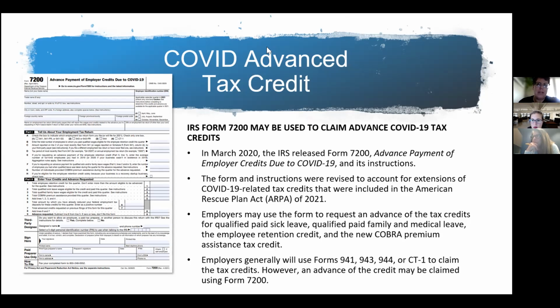They knew they were going to get the employee retention credit, maybe the new COBRA premium credit they were paying, but they could use this Form 7200 to request an advanced credit to use before their 941.